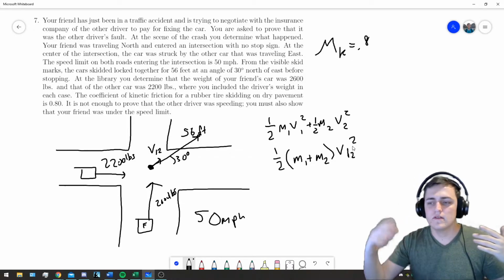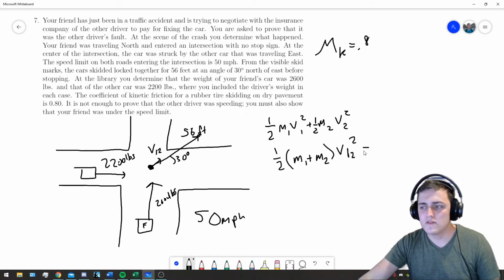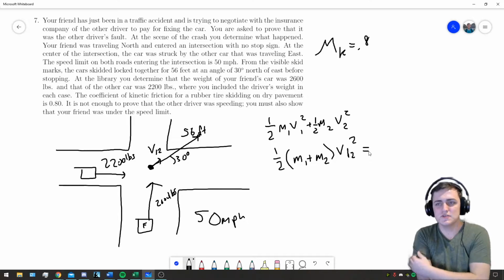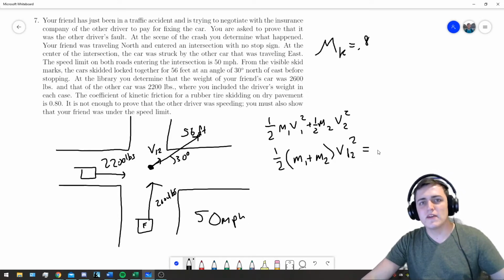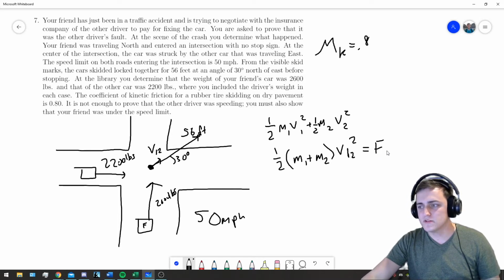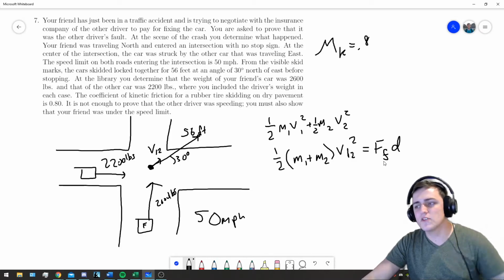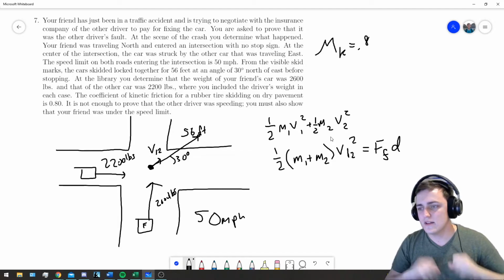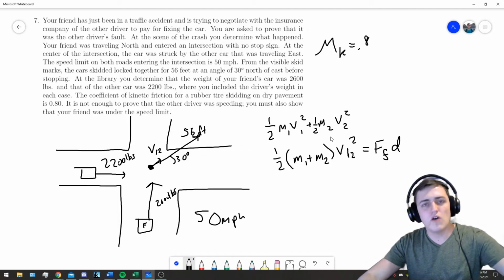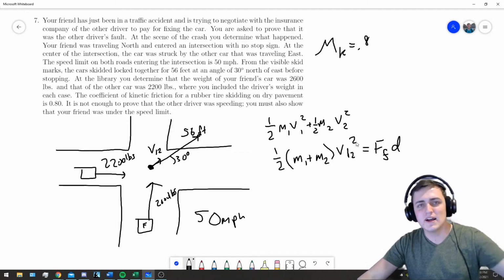And we know that while we are skidding, all of this energy is converted into heat through friction. So we have work done by friction, the force of friction times d, distance. So the work done by friction is equal to the entirety of the kinetic energy. Friction removes all of their kinetic energy in the form of heat between the tires and the road.